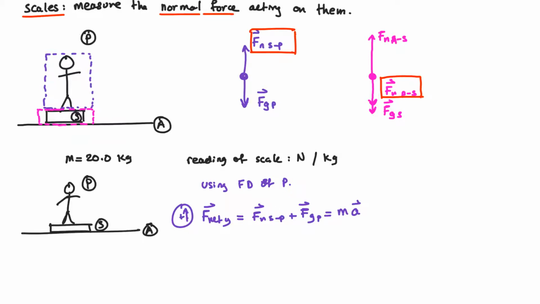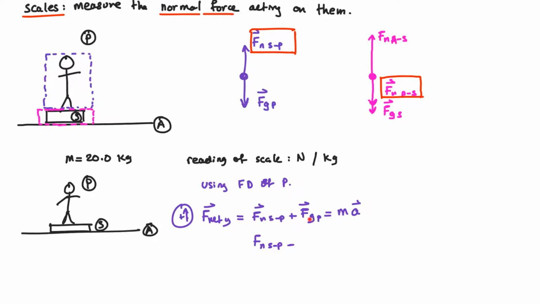And in terms of the components, I'm going to turn everything into magnitudes. This is a vector. It's going up. My positive is up, so I'm going to turn it into a positive. This vector over here, the gravitational force acting on it, is moving downwards. My up is positive, so they're opposite, so it's going to become negative when I turn it into a magnitude.